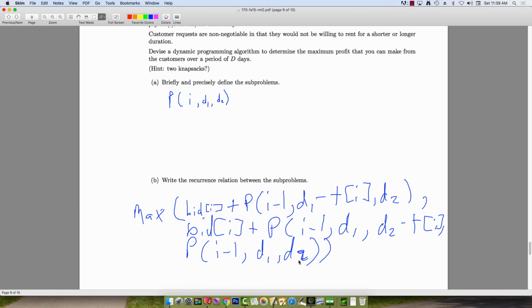So basically, this problem really just comes down to defining the subproblems. So you have the proper subproblem, and the recurrence relation kind of goes with it.